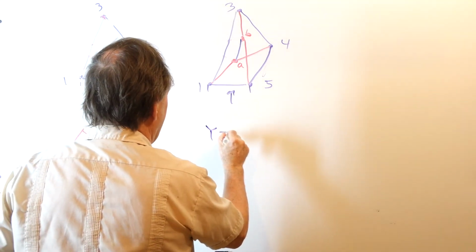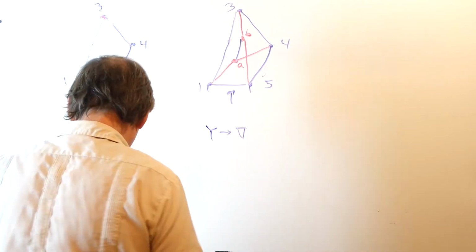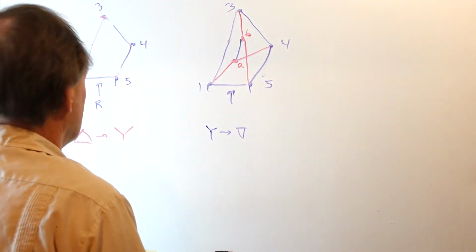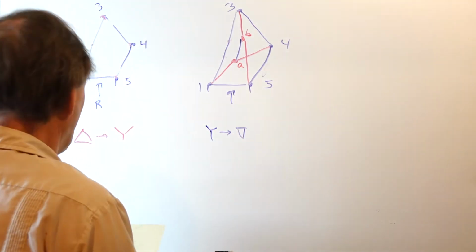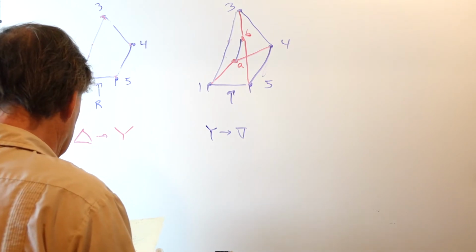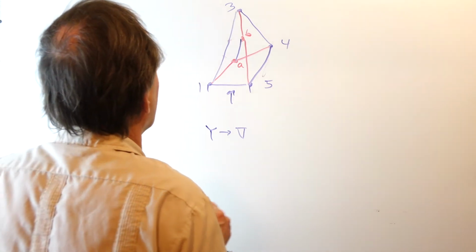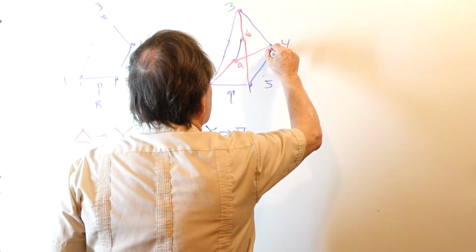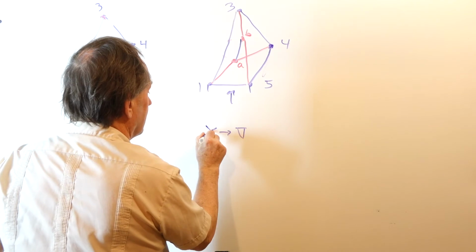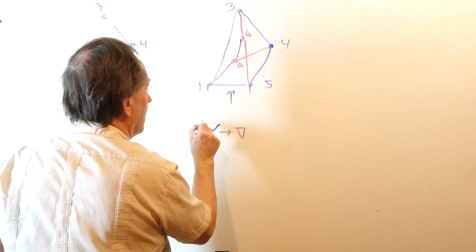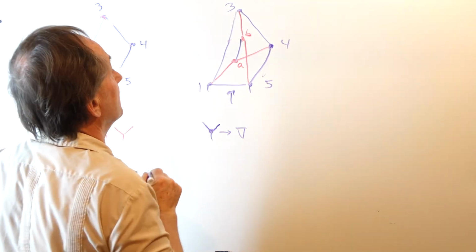Now we're going to go back, Y to delta, and the Y that we're going to choose is 3, 4, 5, and node A, and put our node 4 as the node that's going to be the neutral part of the Y that's going to disappear.